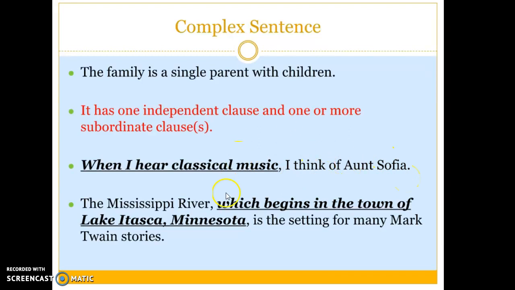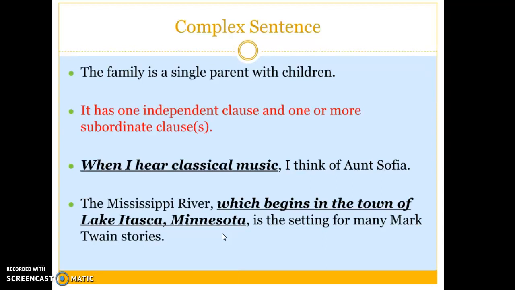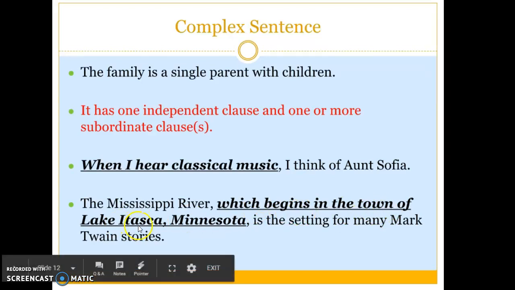Complex sentence. Here's another one where the kid's interrupting like we saw earlier. The Missouri River, which begins in the town of Lake Itasca, Minnesota, is the setting for many Mark Twain stories. Well, my child, which begins in the town of Lake Itasca, Minnesota, could never be a sentence on its own. It needs the rest of this sentence, which is our independent clause.